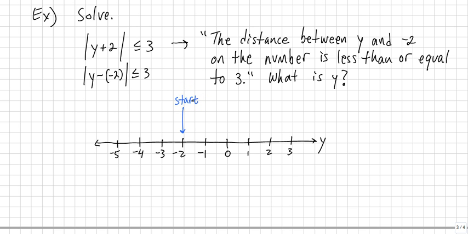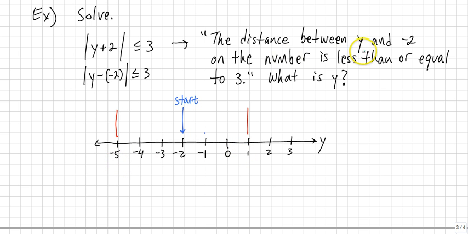We want the distance between y and -2 to be less than or equal to 3. Let's start with the or equal to part. If the distance was 3, then we would go 1, 2, 3 units away, 1, 2, 3 units away. So +1 and -5 are exactly 3 units away.